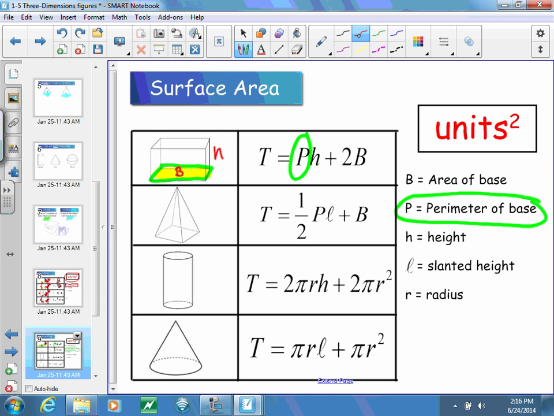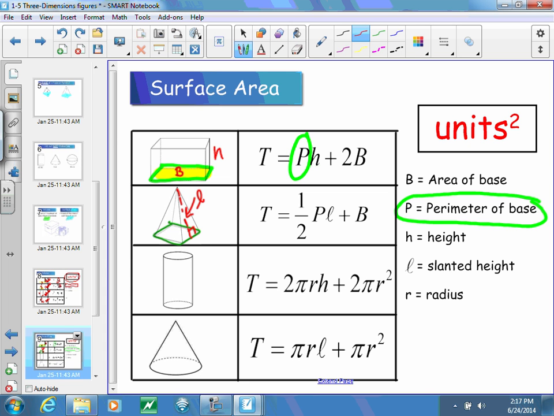If you're working with a pyramid, you're going to take 1/2 capital P. So once again, you're talking about the perimeter, finding the distance around your base. And the next part here is this script letter L. What that's talking about is the slanted height. The slanted height goes along the triangle of one of the sides up to that point, resting along that.